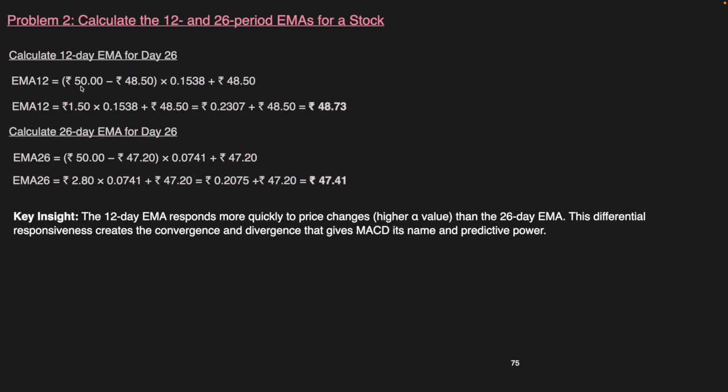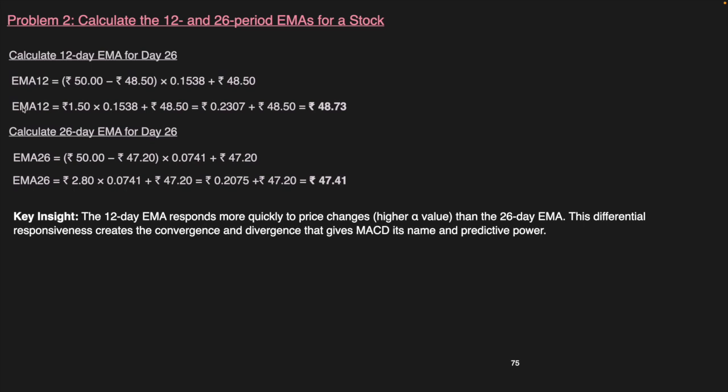So today's value is 50 minus yesterday's 12-period exponential moving average, which is given in the problem statement as 48 rupees 50 paise. So we compute (50 minus 48.5) times the EMA factor 0.1538, plus 48.5. So what is the value which you are going to get?